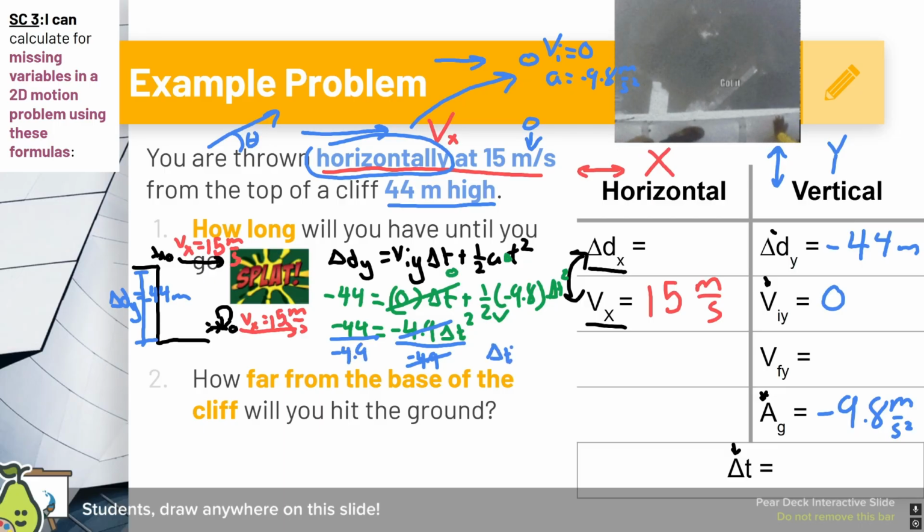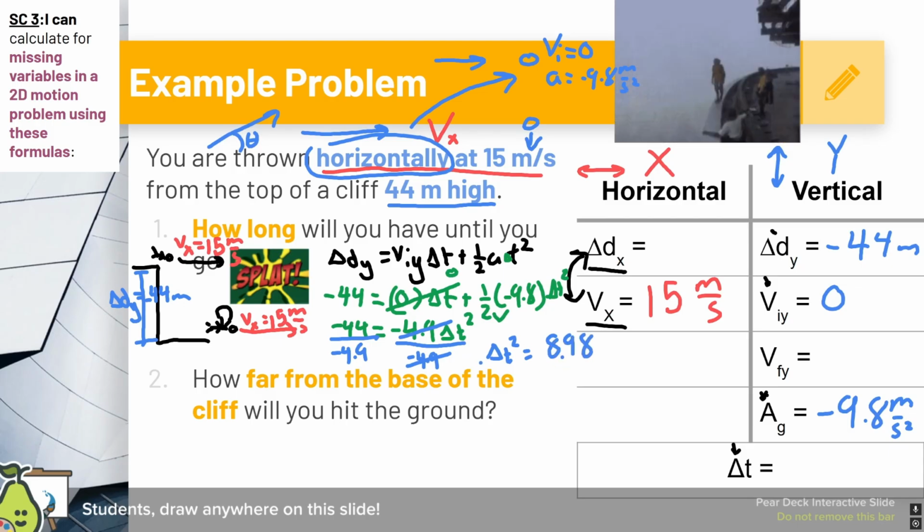All right, and we'll be left with t squared is equal to, give me a sec with the calculator. You would have thought I would have done this beforehand, but it's been a minute. So we get 8.98 is equal to t squared.